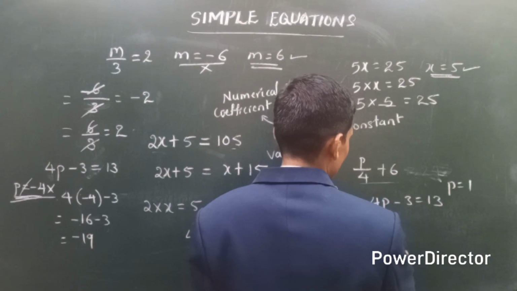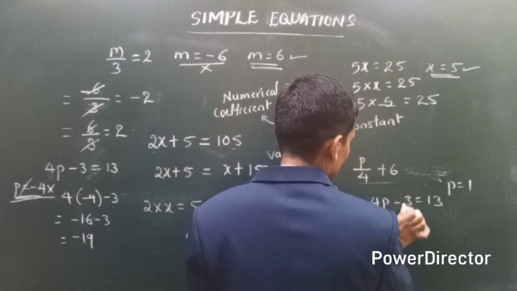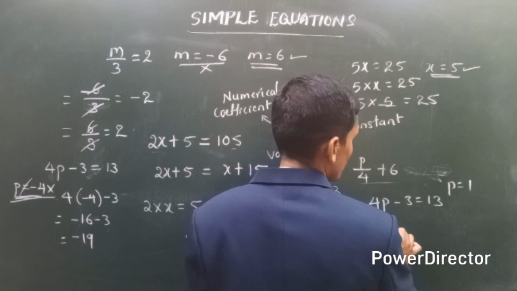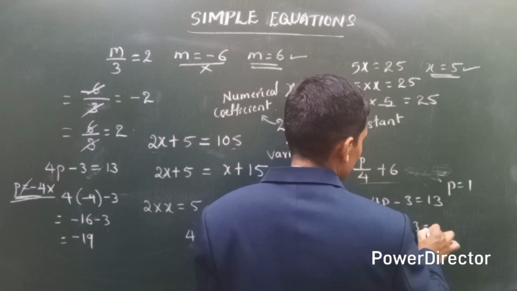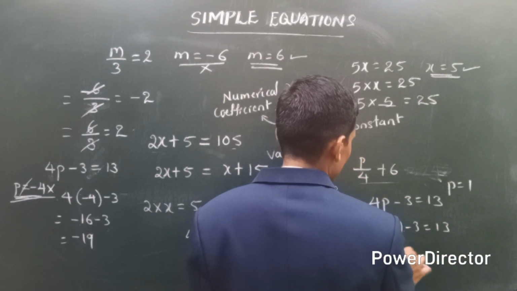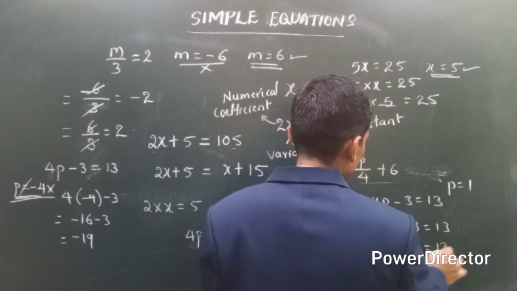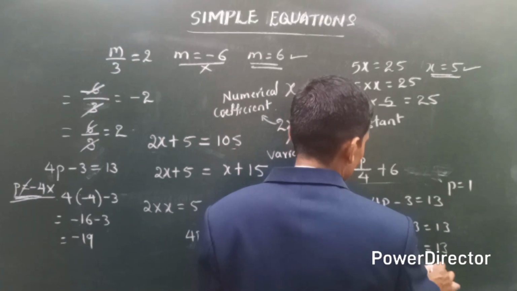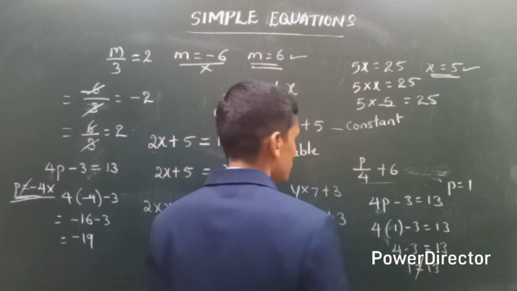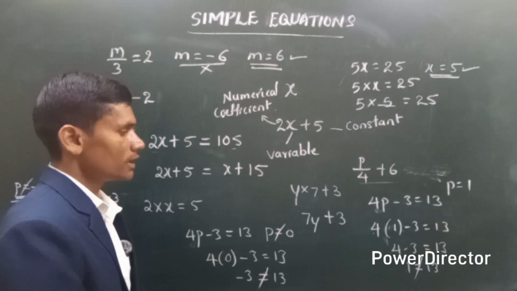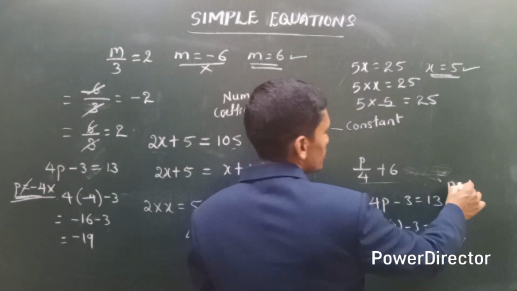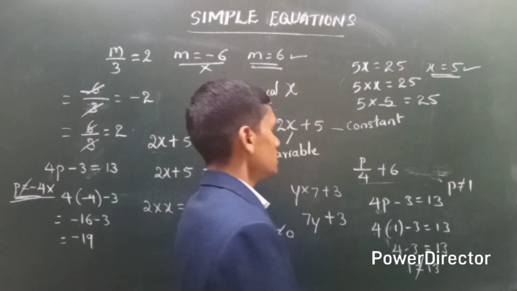In place of p you write 1, so 4 ones are 4, minus 3 is 1. 1 is not equal to 13. Then this also is not a right value. We can say p is not equal to 1 here.